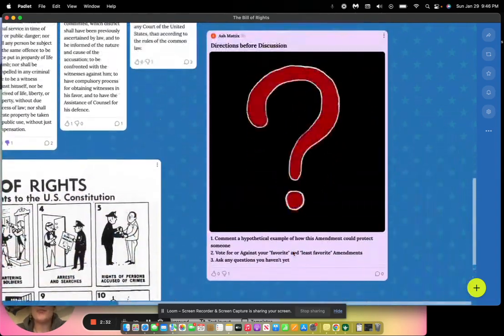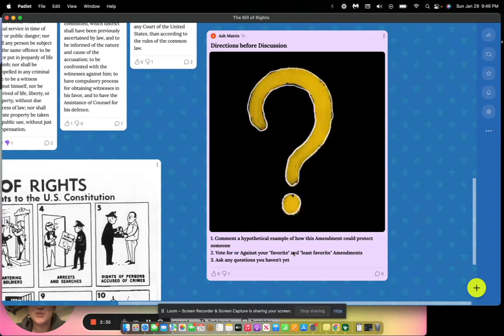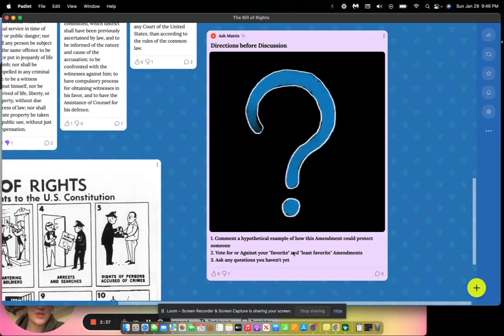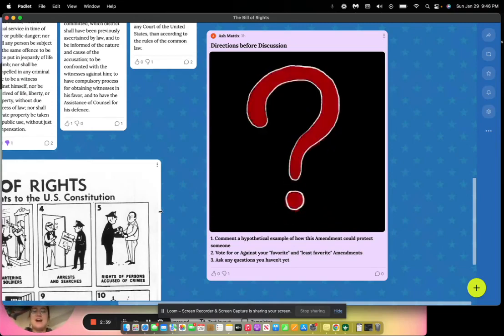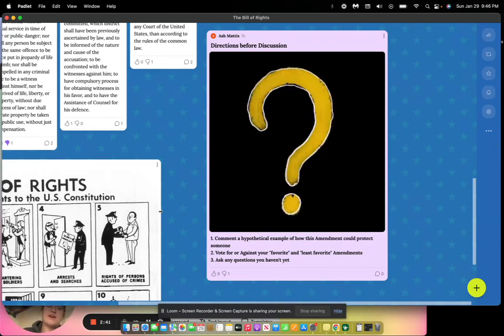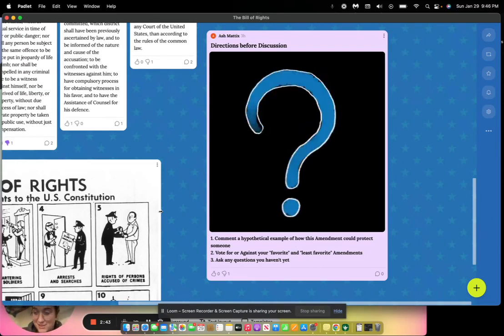Now, my post-discussion assignment wrap-up would be to comment a hypothetical example of how this amendment would be used to protect someone.